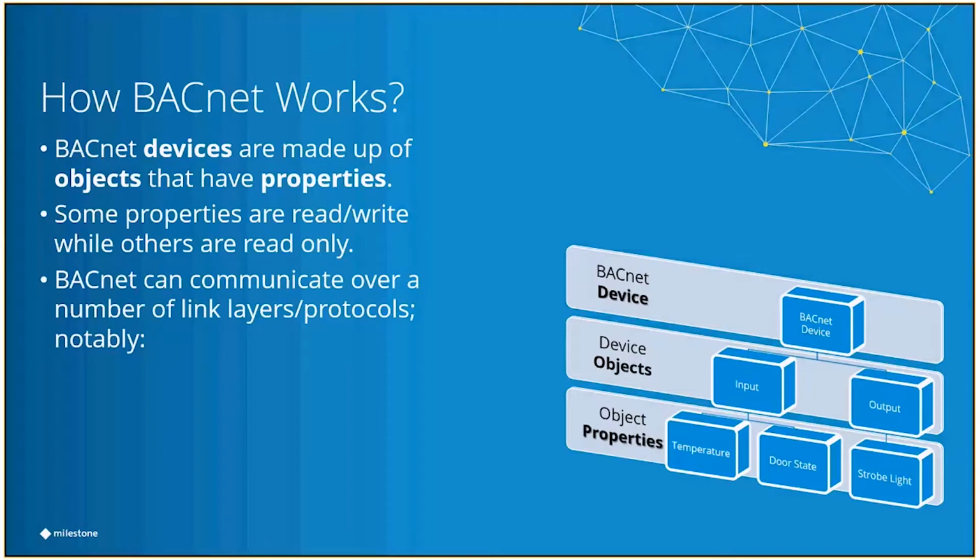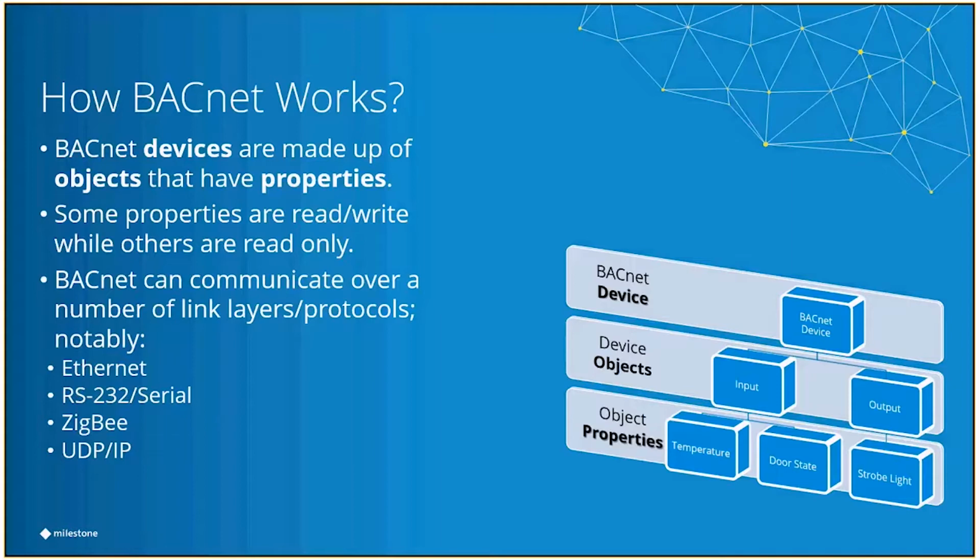BACnet is pretty simple in some ways, and it can get very complex. There are different link layers it can communicate over, and I picked out some that we may know. Ethernet is traditional, just an Ethernet cable, as is serial or RS-232.